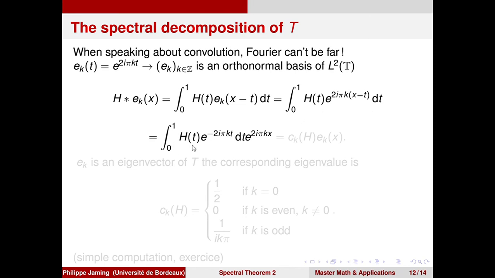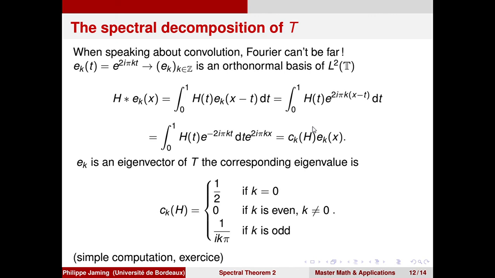So we have the integral over 0,1 of h(t) e^(-2 i pi kt) dt, and the exponential in x goes outside the integral. And we see that this is c_k of h, the Fourier coefficient of h, times e_k. In other words, e_k is an eigenvector of T with eigenvalue c_k of h.